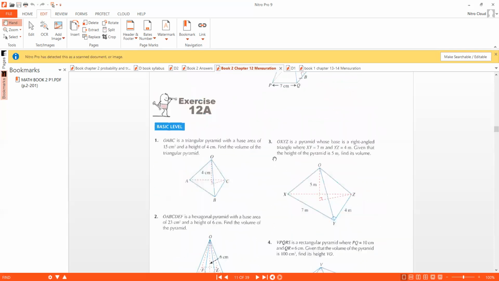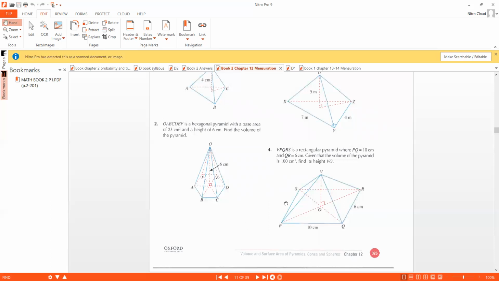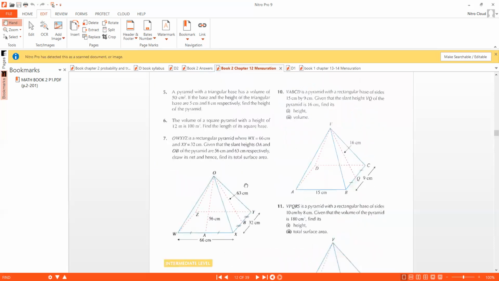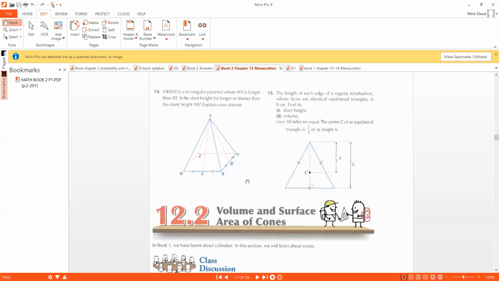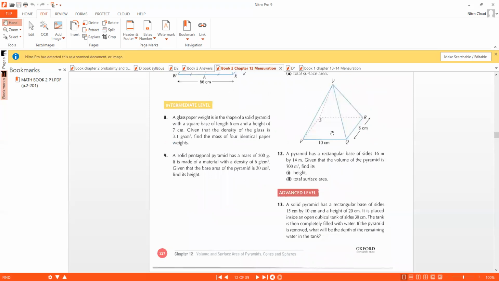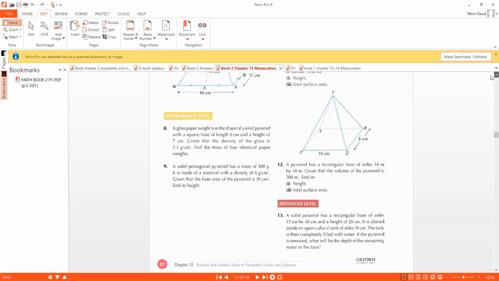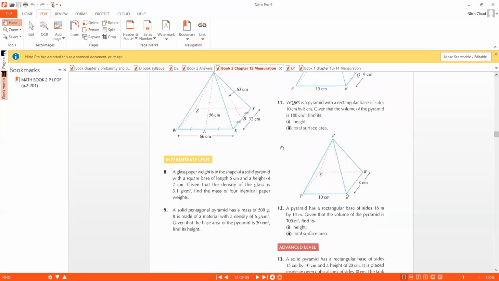So we don't know the height. We have two sides available. So what is the formula? What is the answer of height?